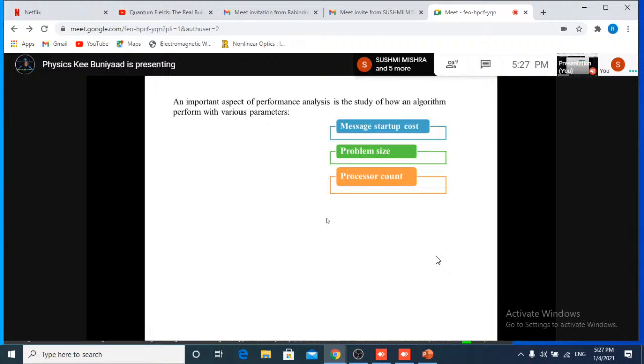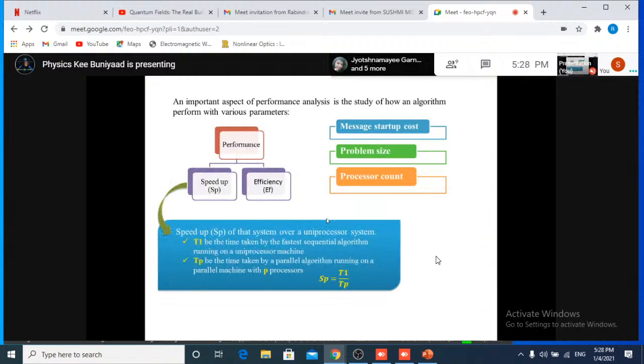The speedup of a parallel algorithm can be calculated over a uniprocessor system. Suppose we have a sequential algorithm and we are running that sequential algorithm on a single processor machine. Suppose it will take T1 time to complete the whole task in the sequential algorithm on a uniprocessor machine.